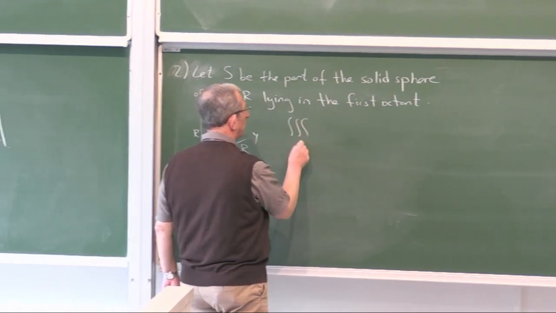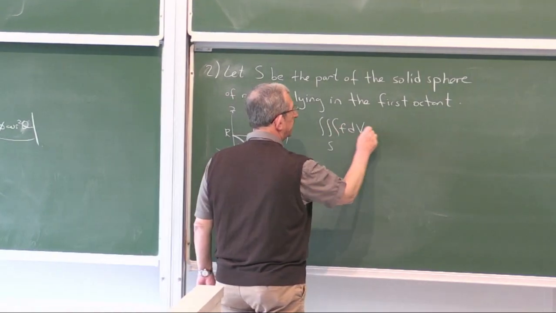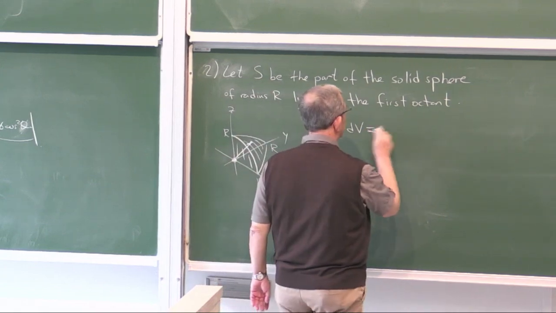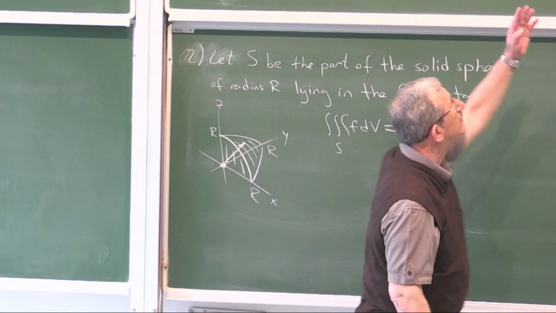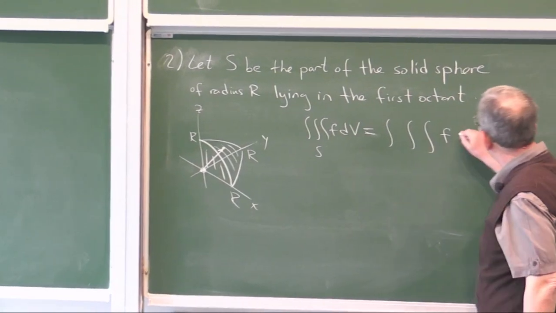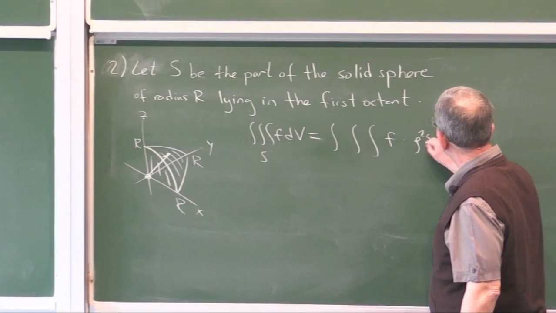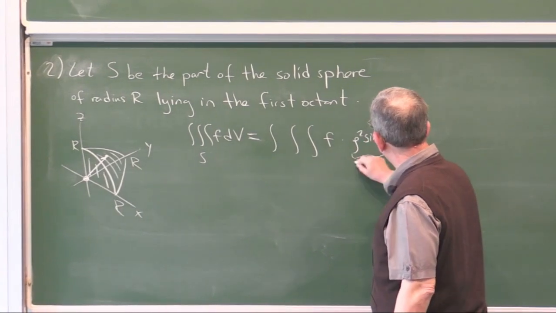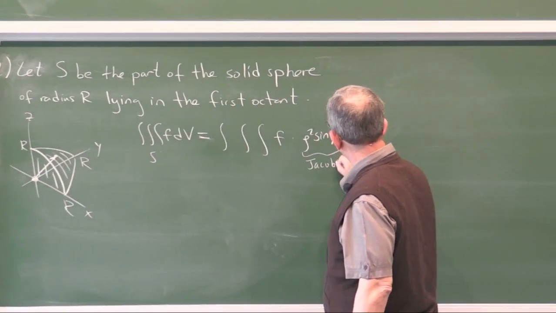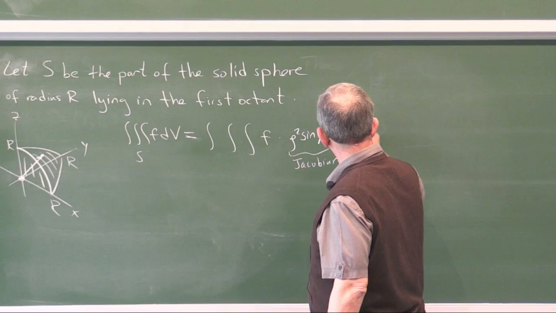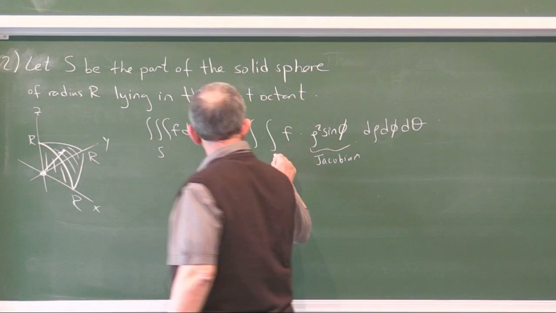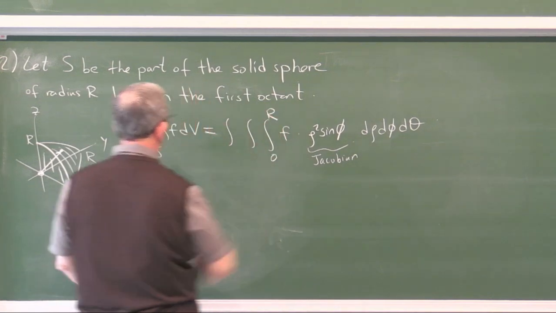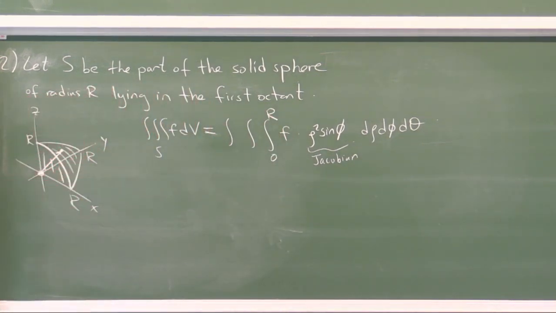The integral over S of f dV, in Cartesian, of course, becomes integral of f. As I said, I will not write the details, but we have to write the Jacobian. That's crucial. Now, rho changed from 0 to r as before, because we leave from the sphere eventually.